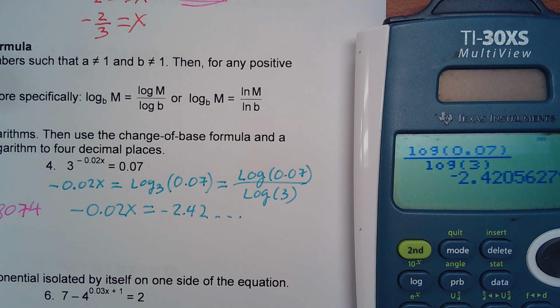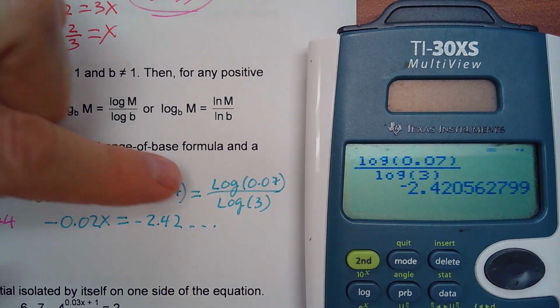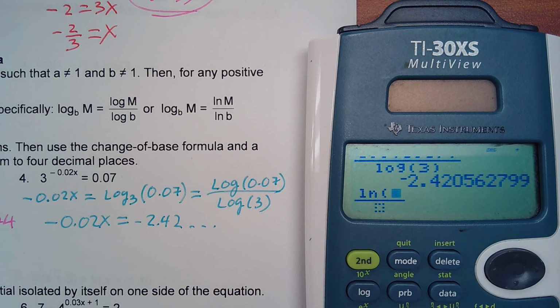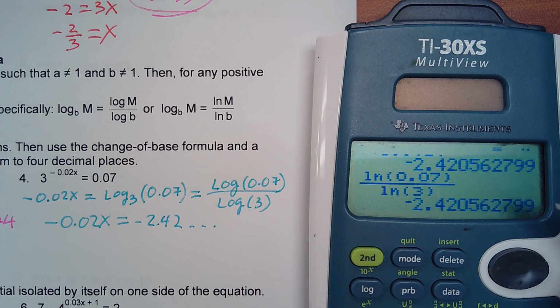I'm going to leave that answer in the calculator. Keep in mind, I could also use natural logs. If I did natural log of 0.07 over natural log of 3, I'm going to get the same answer. So you just pick one. Just pick common log or natural log and just run with that one.